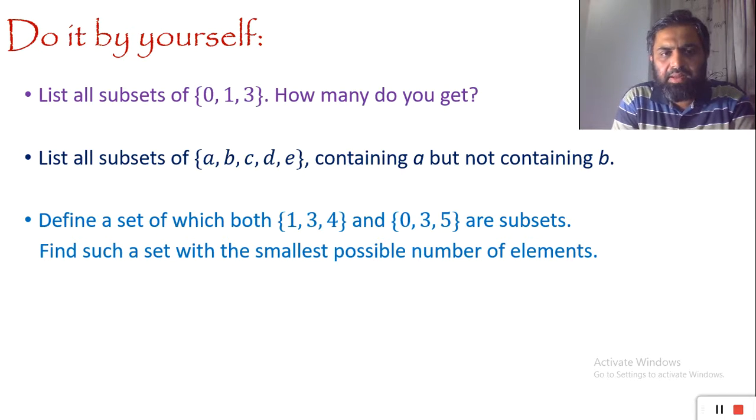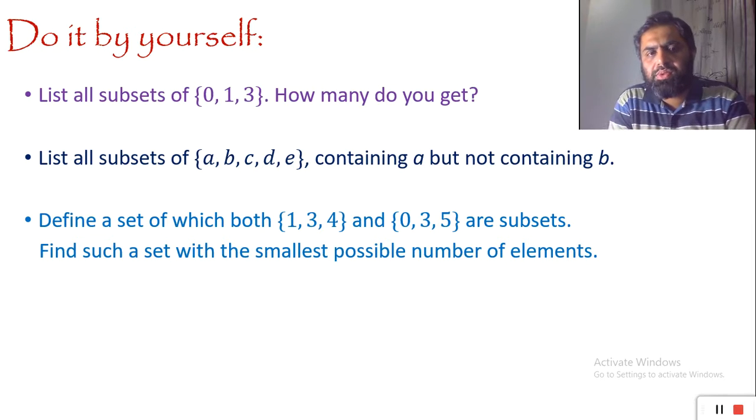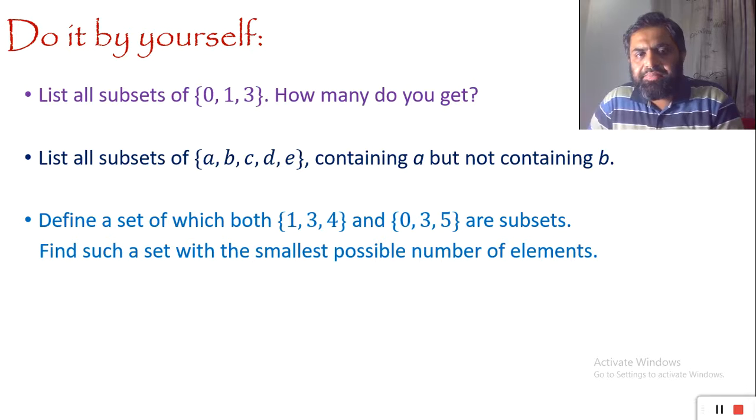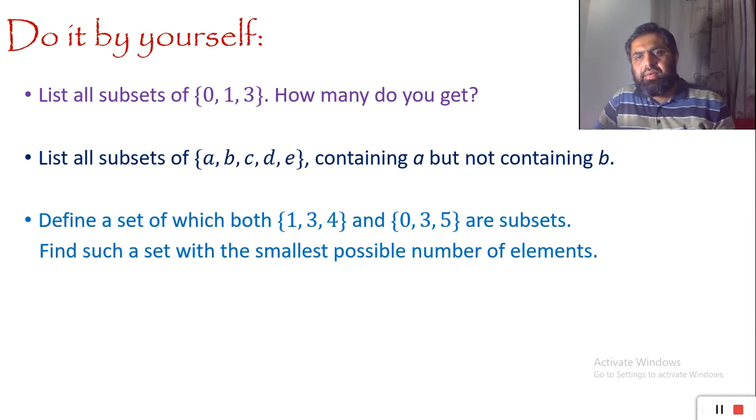I give you the answer: 2 raised to the power of the number of elements in the set. So 2 raised to power 3 is equal to 8. We will get 8 subsets. Which subsets will these be? Please list down all those 8 subsets, starting from the empty set till we have the complete set 0, 1, 3: the empty set, single element sets, 2 element sets, and 3 element sets.